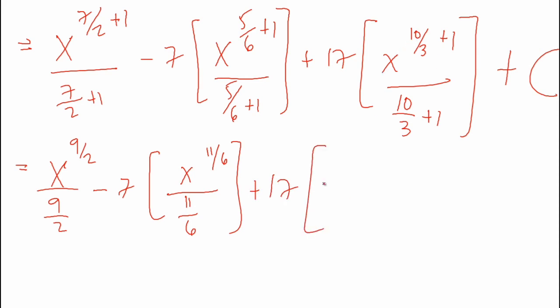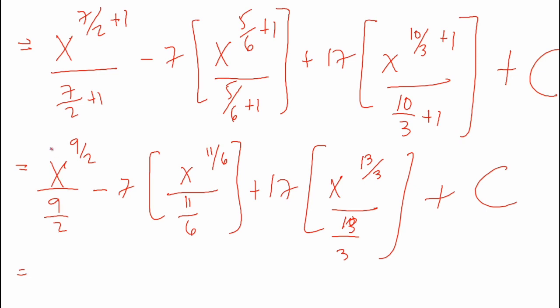That's x raised to 10 over 3 plus 1, so 10 plus 3, that is 13 over 3, and this one is also 13 over 3. And don't forget to put your arbitrary constant C.